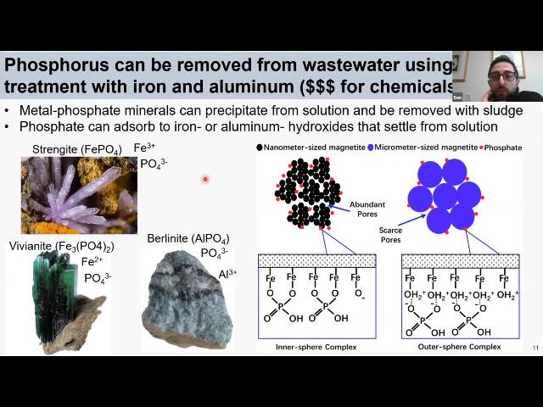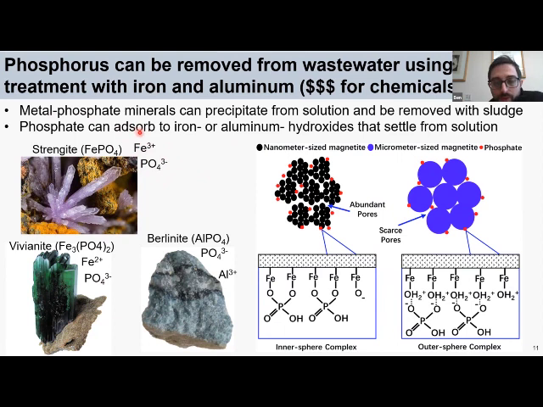Phosphorus can also be removed from wastewater using chemical treatment with iron or aluminum. Again, a lot of this might be too deep for what I want you to get, but phosphate has a negative charge, it's an anion, so it will electrostatically form with these positive cation metals, like iron and aluminum.